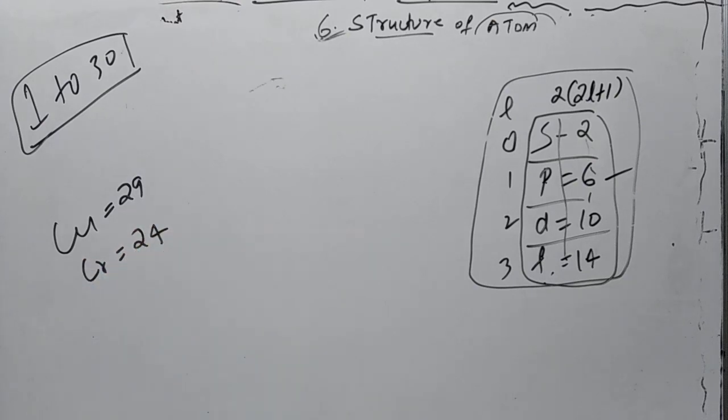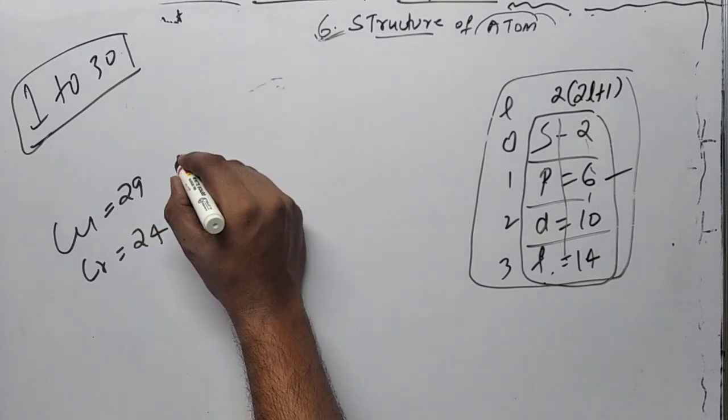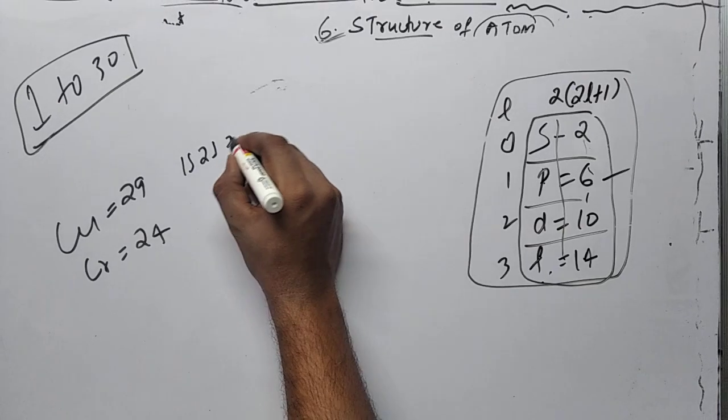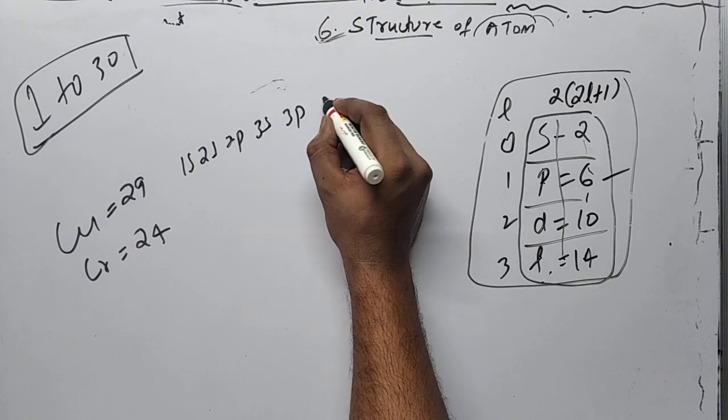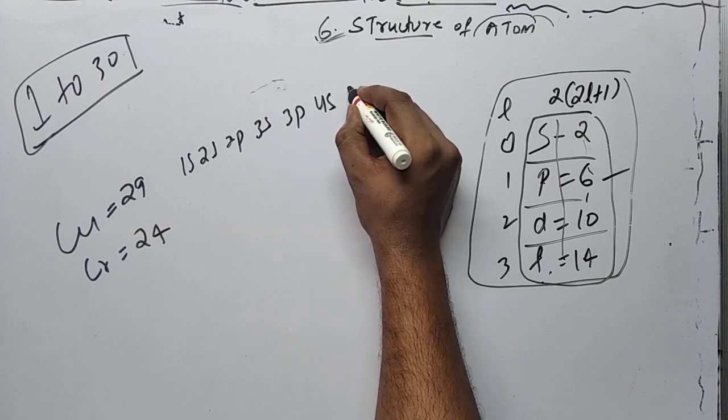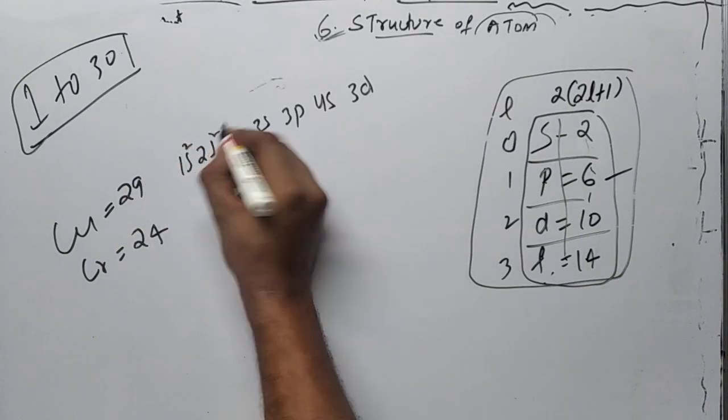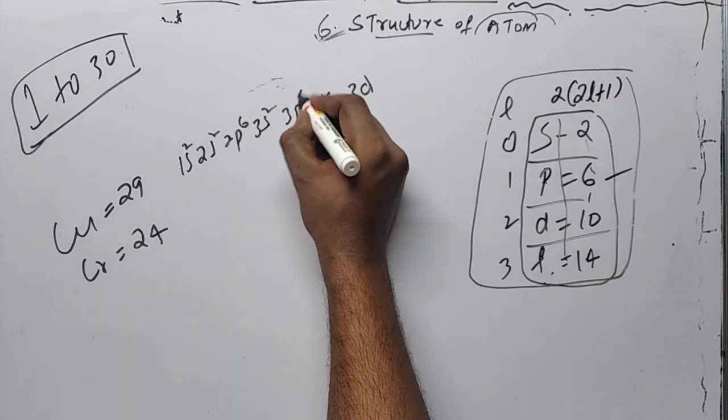If you want to write the electronic configuration of copper, what is it? You write 1s, 2s, 2p, 3s, 3p, after 3p we have 4s, then we have 3d. See, 29, so 2, 2, 6, 2, 6.